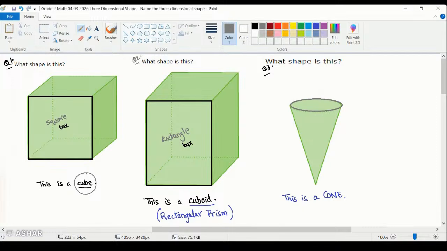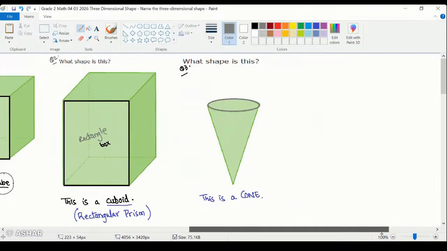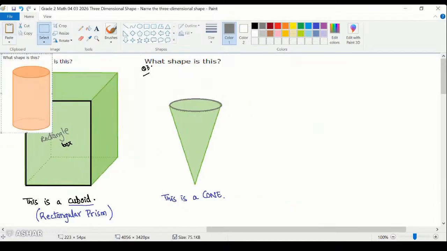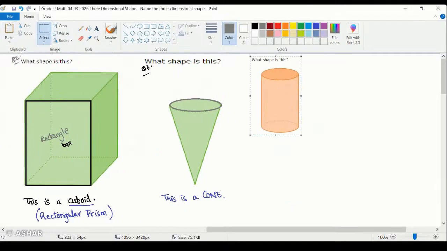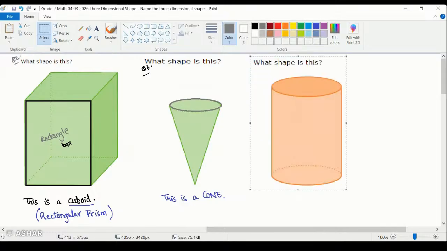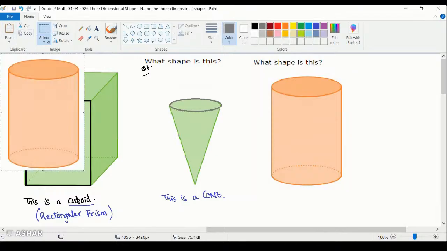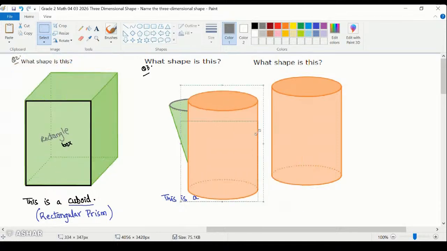For the next shape, it says, what is this shape? I told you if you have coins, same size coins, right? If you keep one coin on top of another coin, what will happen? Let's draw the diagram.